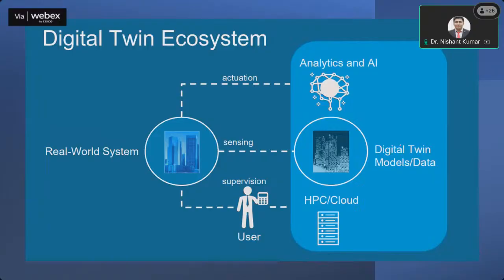Okay. So in the digital twin ecosystem, I think up to here we are familiar with the digital twin terminology. In the digital twin ecosystem, mostly you will see two or three things. One side you will see a physical world, a real world, meaning the plant.